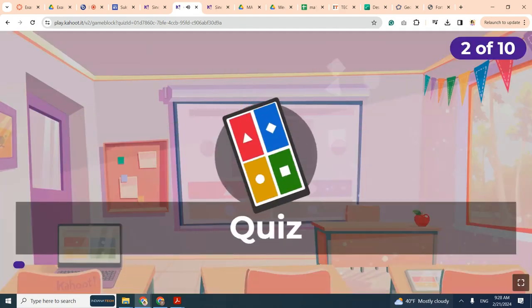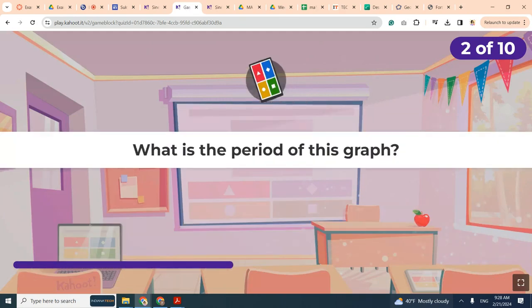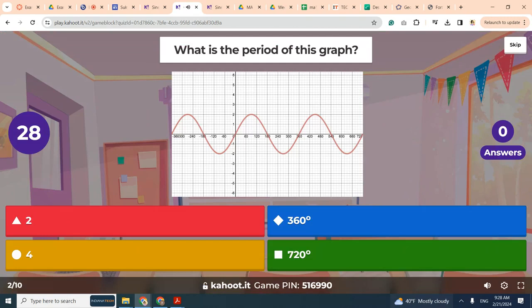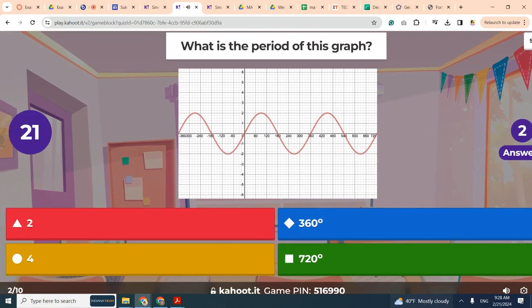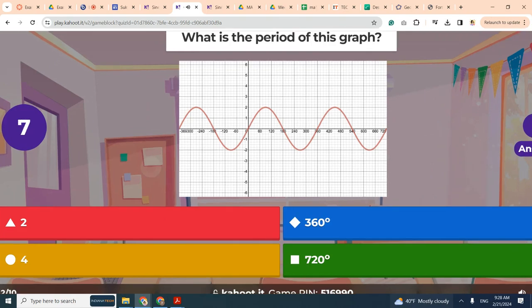Okay, next. What is the period of this graph? Here, let's make it big. Alright, make it bigger.